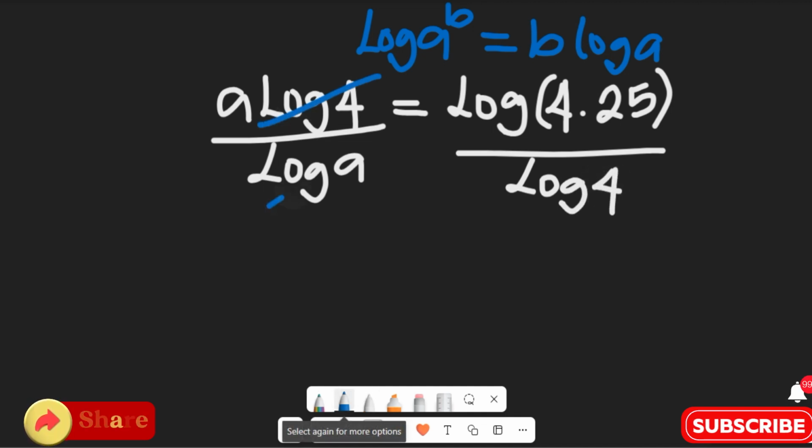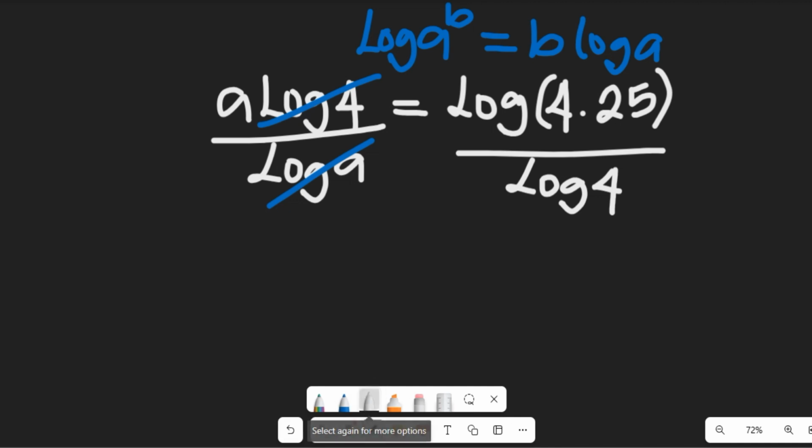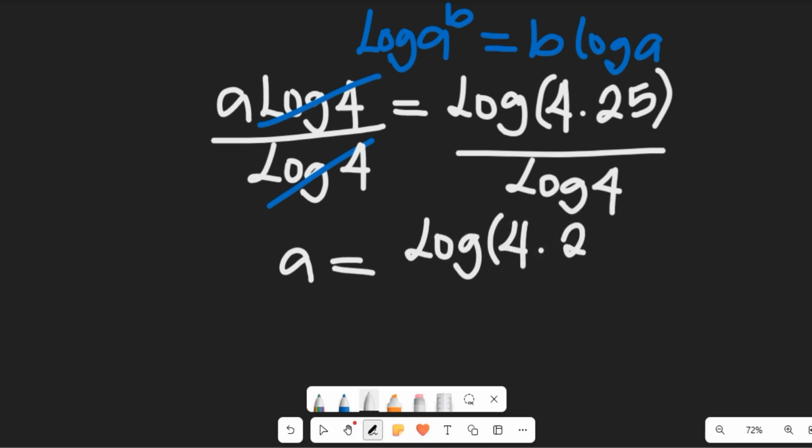While I cancel out the log of 4 and the log of 4, I'll have my a to be equal to the log of 4 multiplied by 25 divided by the log of 4.